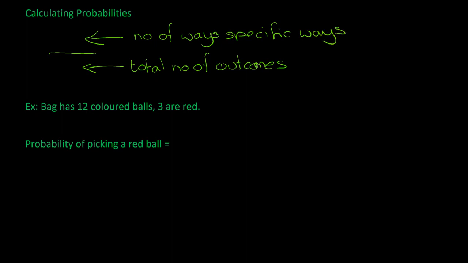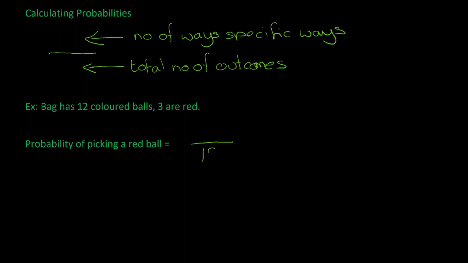So let's look at it in an example here to make that clearer. So we've got a bag that has 12 coloured balls and 3 are red. And we want to work out the probability of picking a red ball. We need our fraction. So the total number of possible outcomes. So there are 12 balls in there. So there are 12 possibilities for what you might pick out.